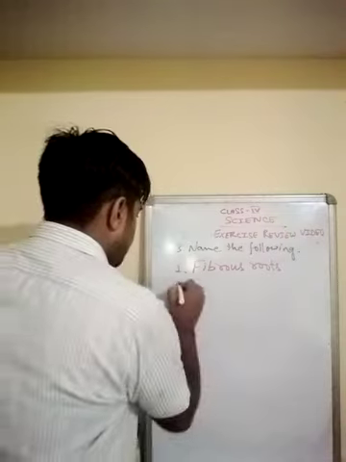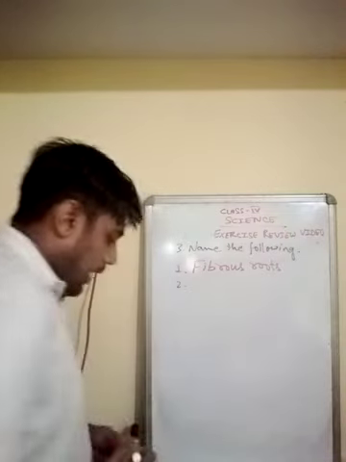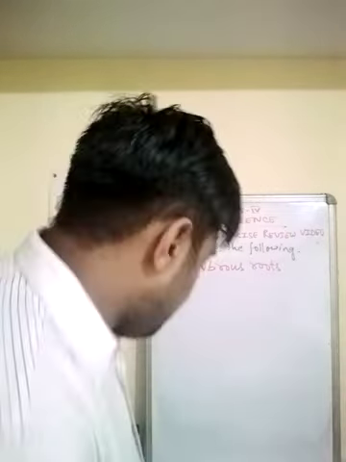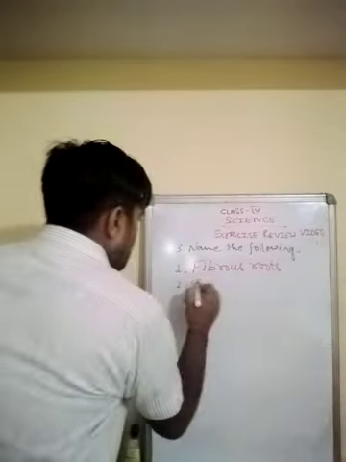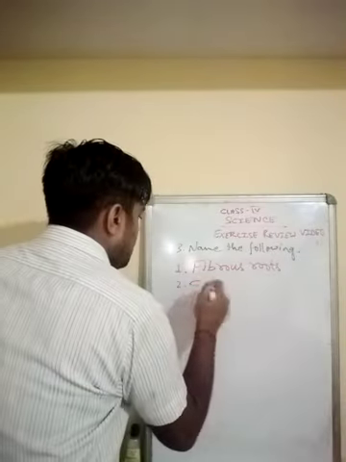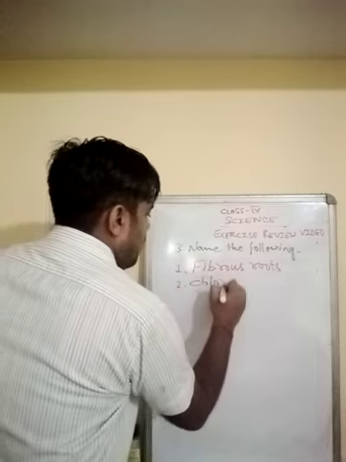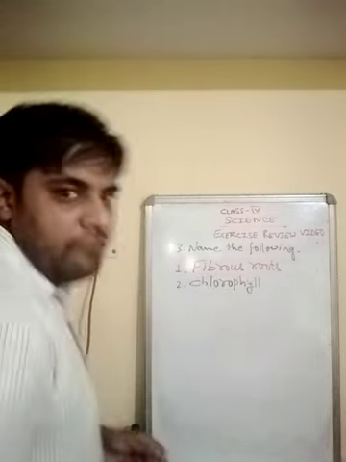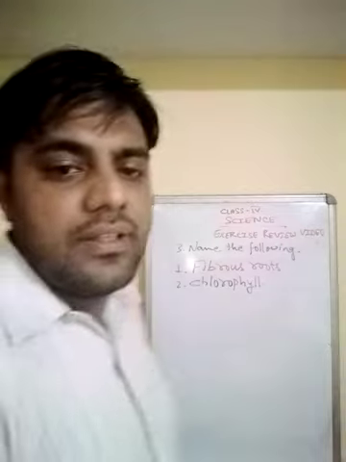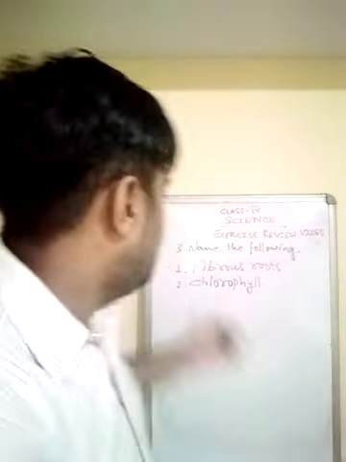Number 2. A green substance present in leaves which helps them absorb sunlight. We know the answer: chlorophyll.